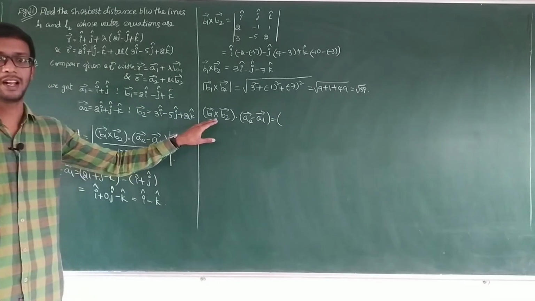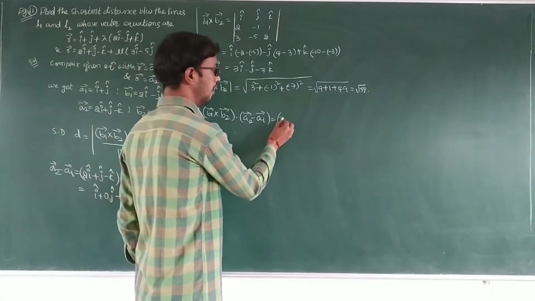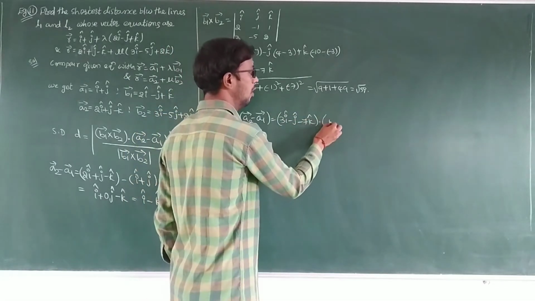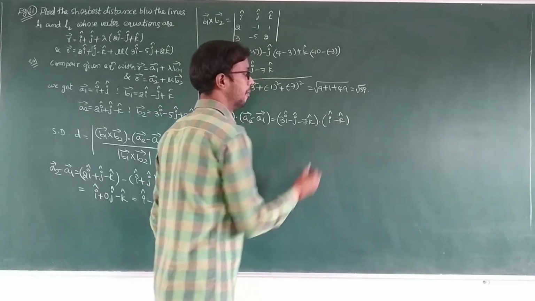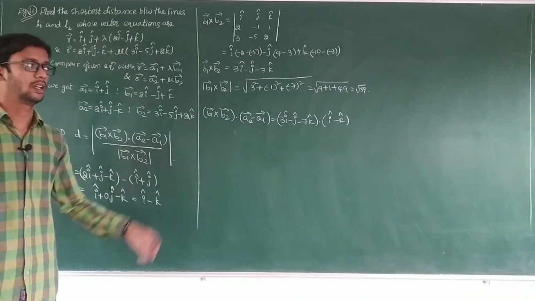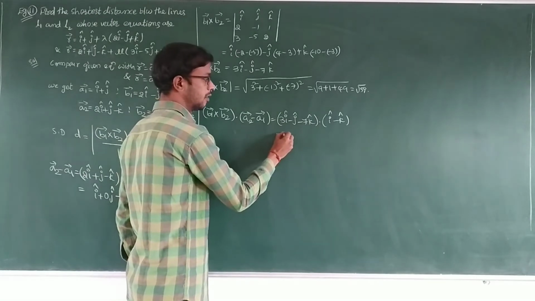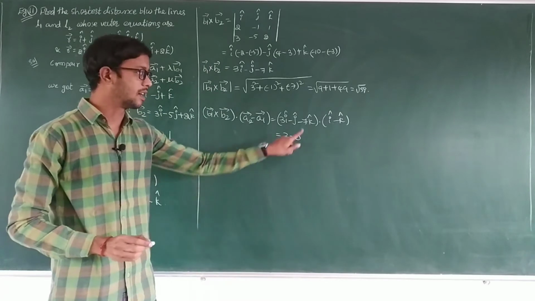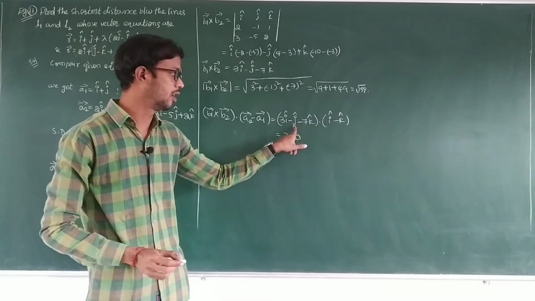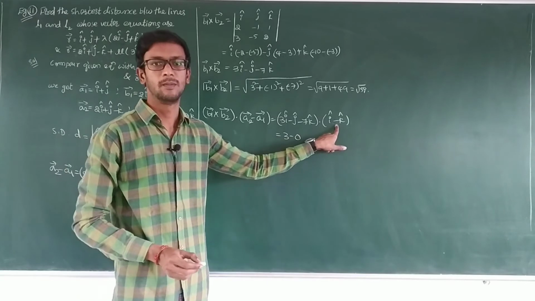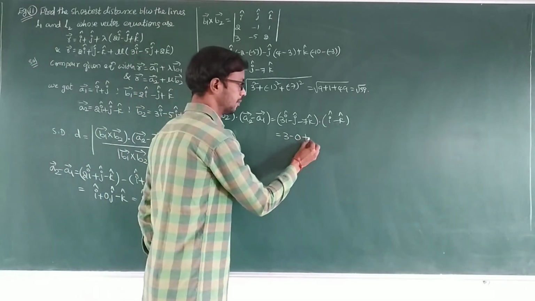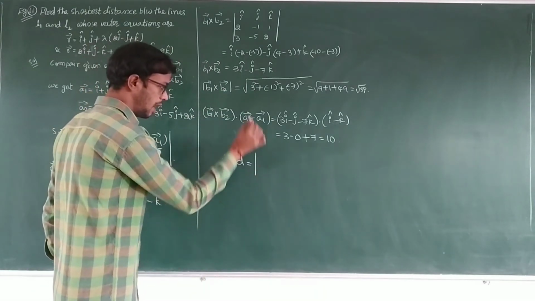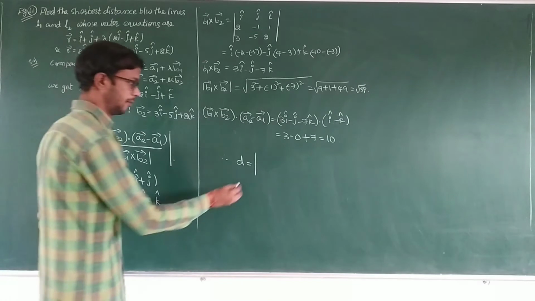B1 bar cross B2 bar is 3I cap minus J cap minus 7K cap, dotted with I cap minus K cap. So 3 into 1 is 3. Here minus 1 into 0, you have to concentrate here, J is not there, so 0. 0 into minus 1 is 0. Minus 7 into minus 1 is plus 7. Total 10. Therefore, d is equal to the mod of this value, which is 10.